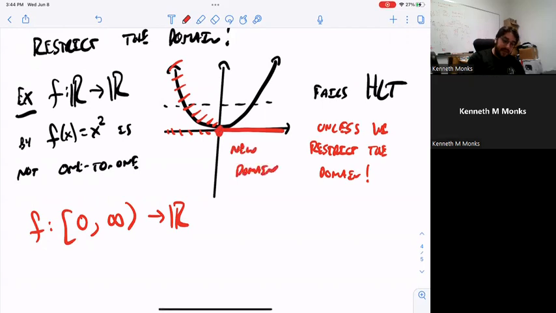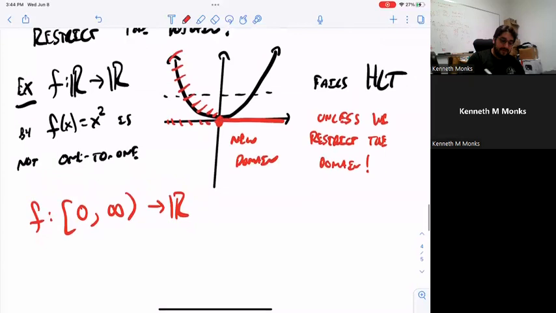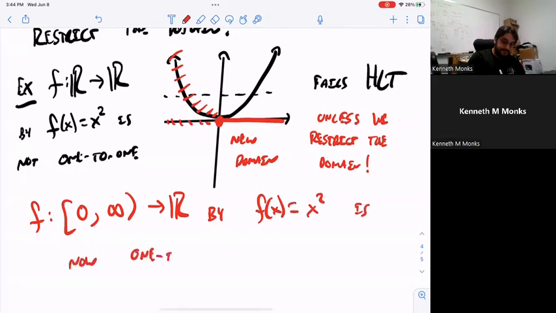And once I do that, now I actually have a one-to-one function. This function is now one-to-one. So once you restrict the domain, you do have a one-to-one function.